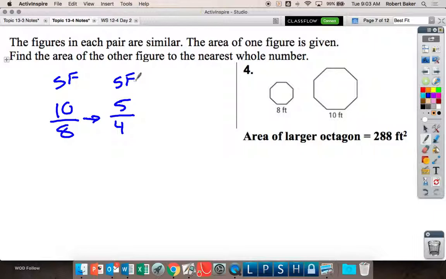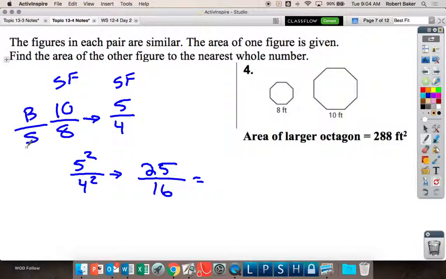So if our scale factor is 5 over 4, we're trying to find an area. So what do we have to do to this scale factor? Square it. What is 5 squared over 4 squared? So this is big over small, and it says the area of the big octagon is 288. And we can use that to solve for the area of the small octagon.